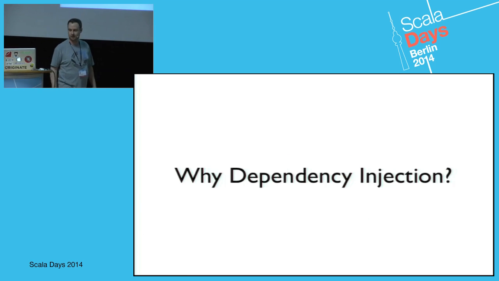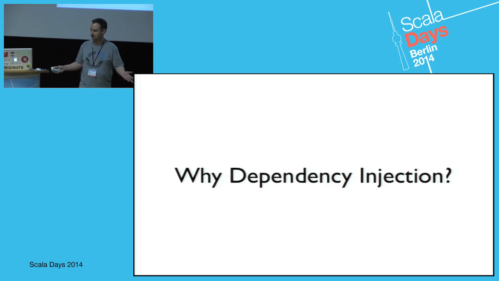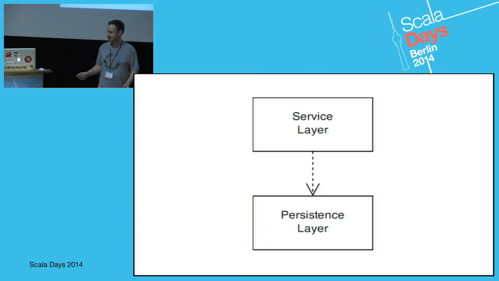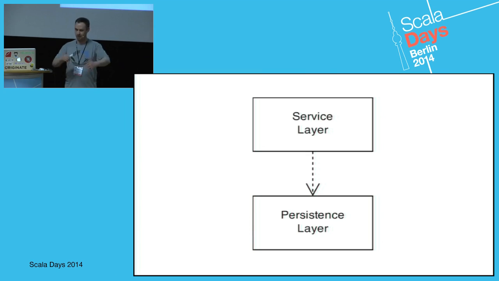So why dependency injection? Let's look at a real simple diagram of a possible architecture for an application. If an application has any sort of architecture at all, a lot of them I've seen have been basically a layered approach, where each layer depends on the next lower layer, which kind of makes sense. The problem with this is the higher level layers are coupled to the lower level layers, which presents a number of problems.